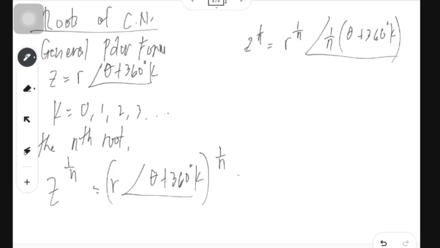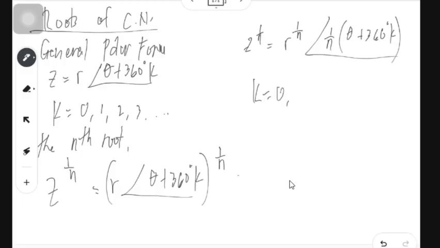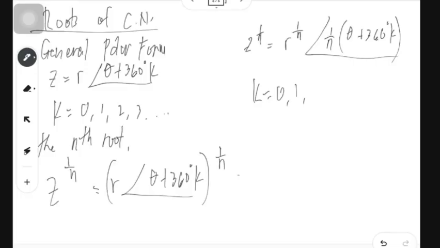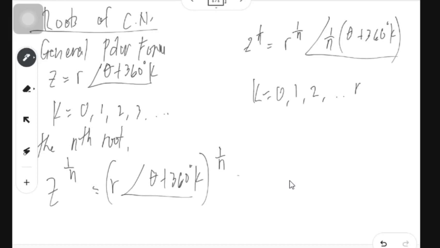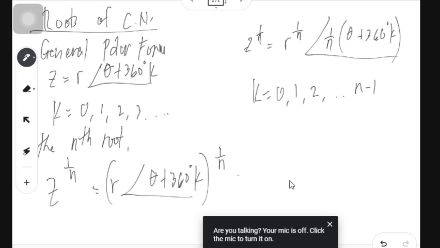And this time, k has a limit. With k equal to 0, you have the first root. With k equal to 1, the second root. With k equal to 2, the third root, or up to n minus 1.